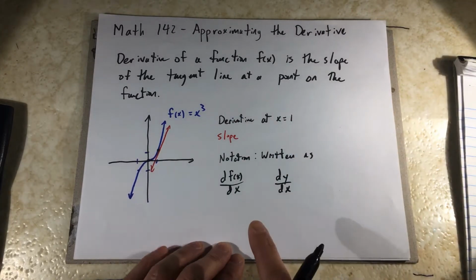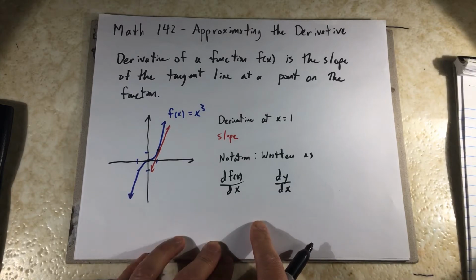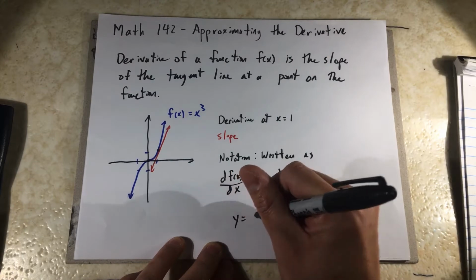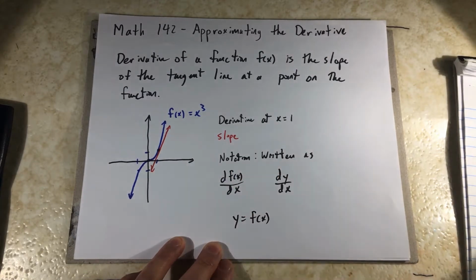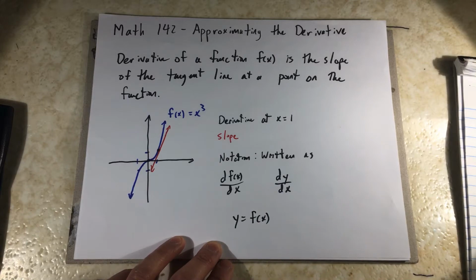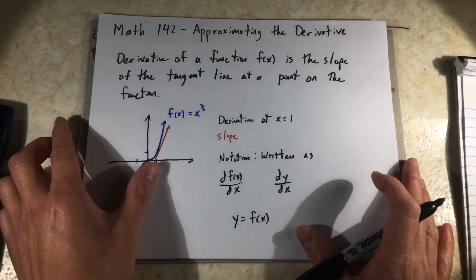And in this lecture, and in calculus probably, you'll see y used interchangeably with f of x. So if you see f of x, what this means is the function evaluated at x gives basically its y value. All right.